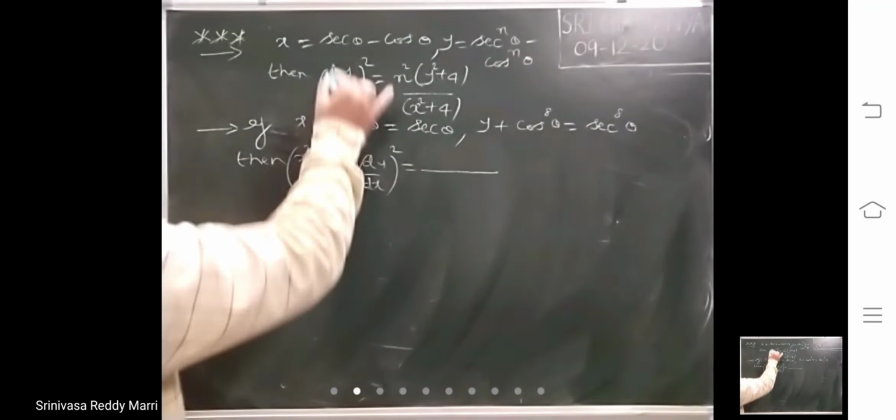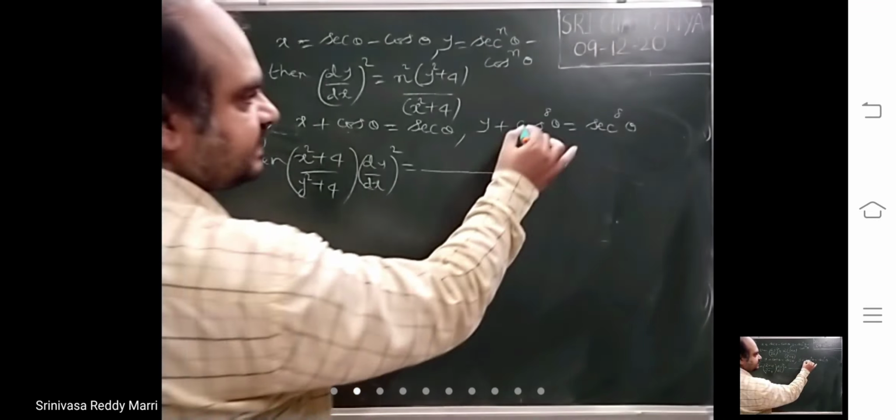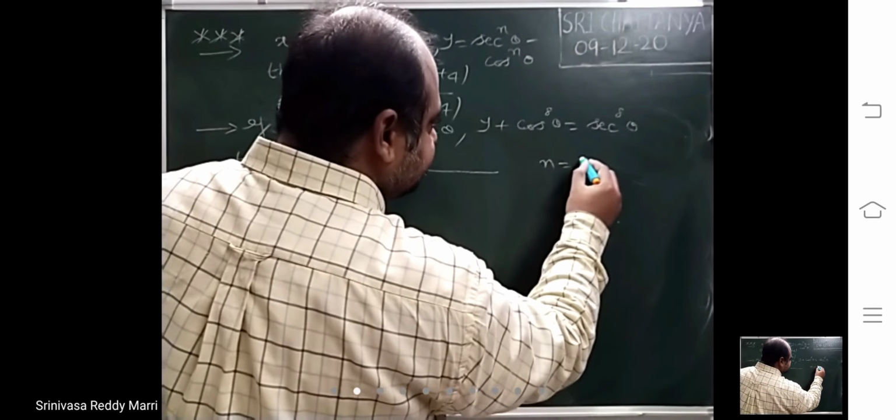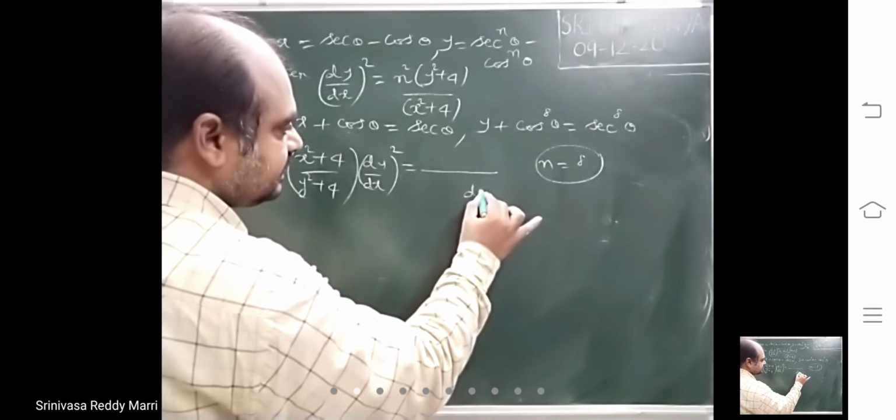So now look at the same question. X is what? Secant theta minus cos theta. Y is what? So n is what? N is 8. So therefore, what is the answer?